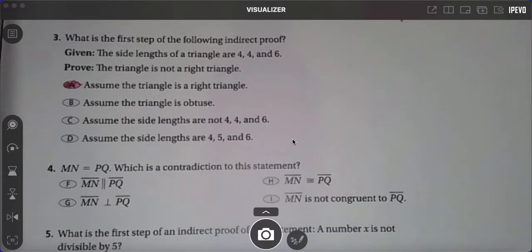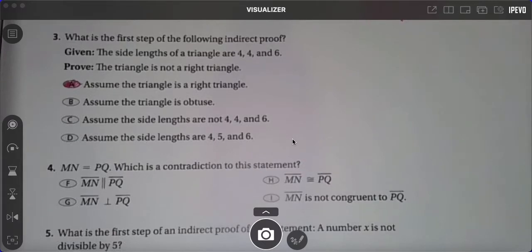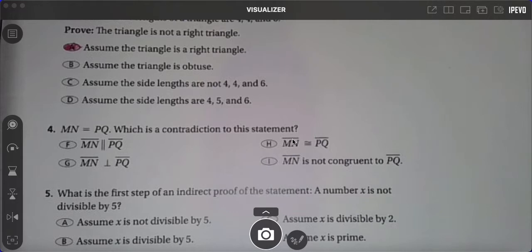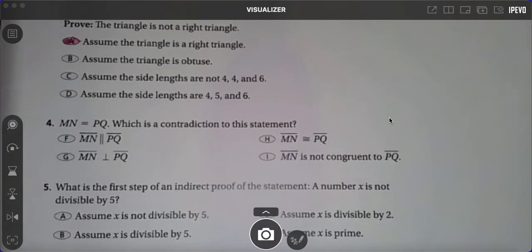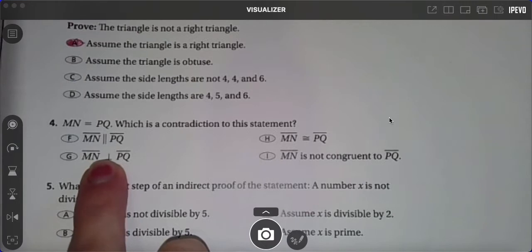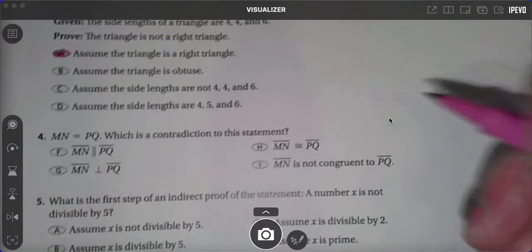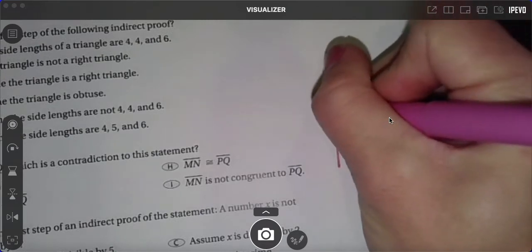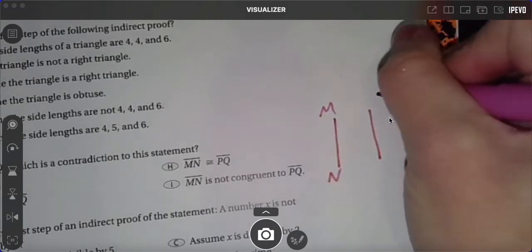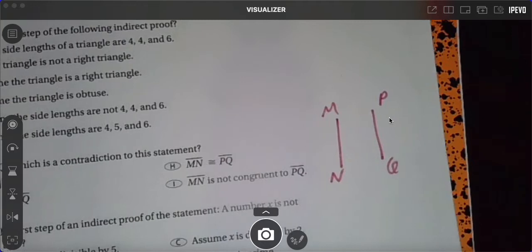All right, then our next one. MN equals PQ. Which one contradicts this? If those two sides are equal, can they be parallel? I could draw two things that are parallel and also equal lengths, right?